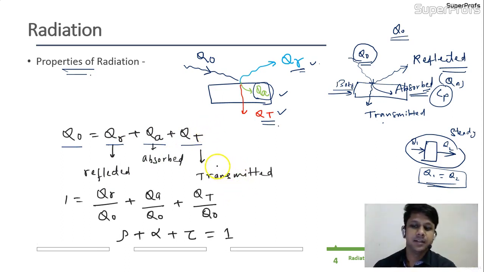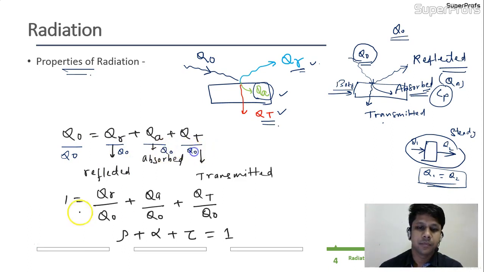Now let us divide this equation with Q0. So divide everything with Q0. So what will happen? This term will become 1. This will become QR by Q0 plus QA by Q0 plus QT by Q0. Now what is the importance of this equation? Let us say this Q0 was equal to 100.